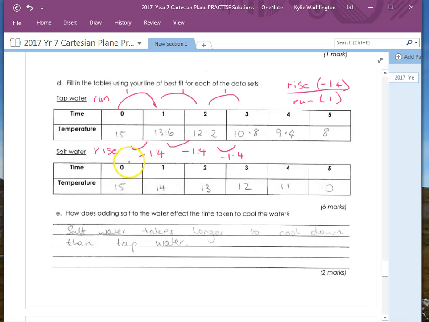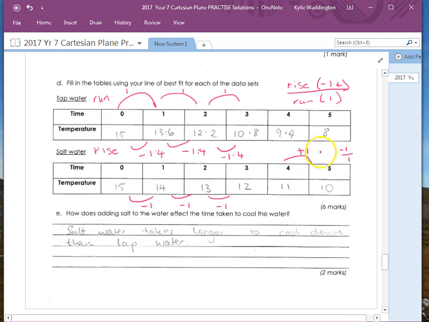For this one, it's even easier because it's going down by 1 each time. And this is going up by 1 each time. So you end up with negative 1 on 1, rise over run.